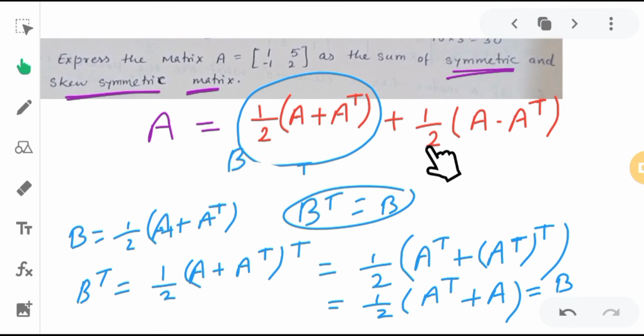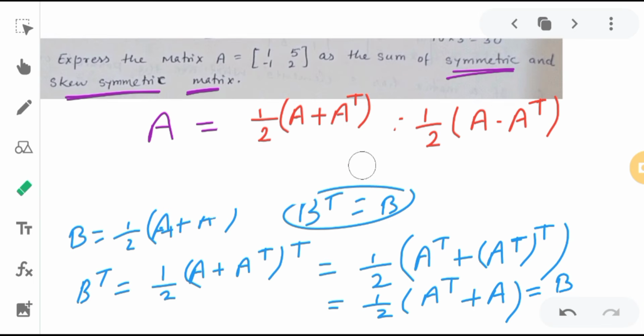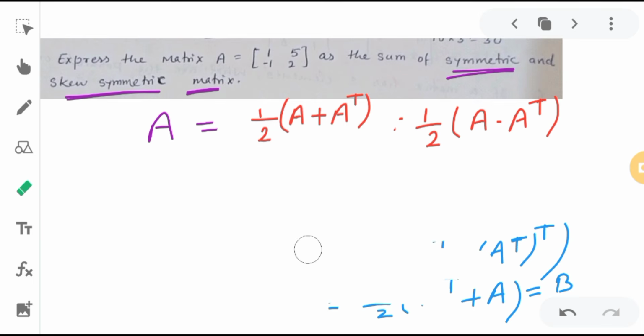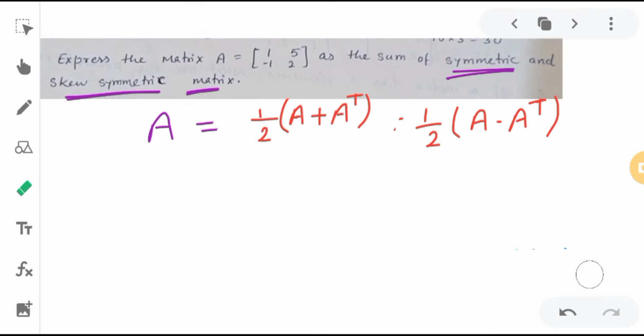Similarly, if you check this one, you will get that it is skew symmetric. So now I will come to the question. I explained how I can represent A as the sum of a symmetric and a skew symmetric matrix.